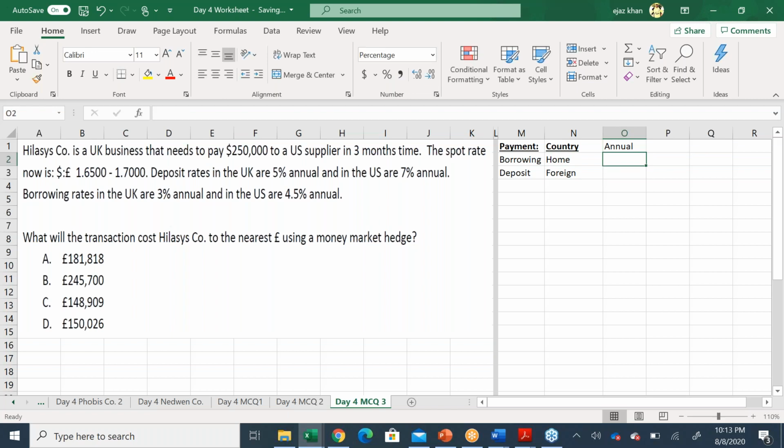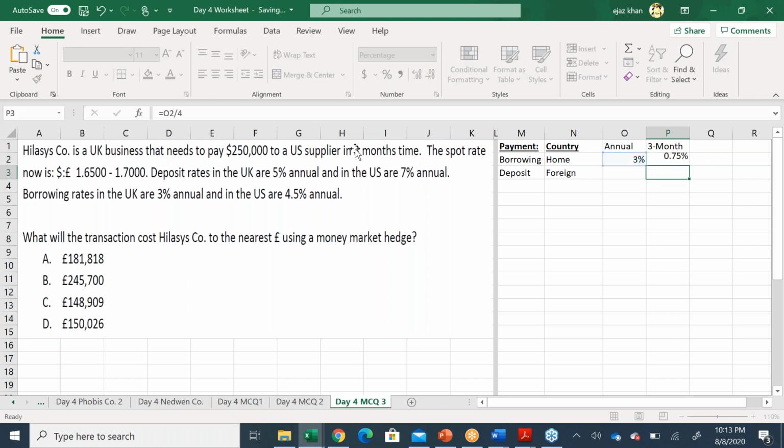Okay. The home country is UK. So we have to pick the UK's borrowing rate. So the borrowing rate in the UK is 3%. And we are hedging it for how many months? For 3 months. So we need a 3-month rate, divided by 4, 0.75%.